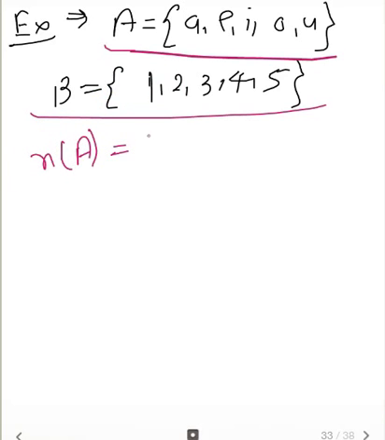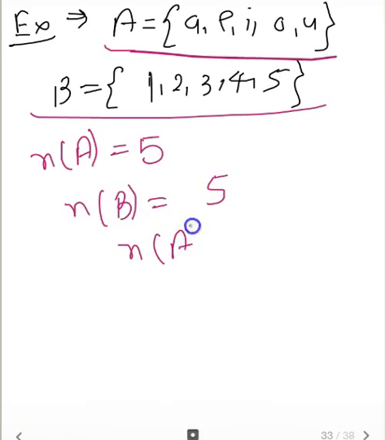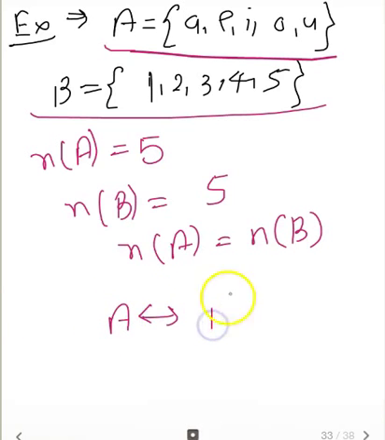How many elements are present in set A? 5, right? And what is the cardinal number of set B? There also we have the same number of elements, correct? It means n(A) and n(B), the number of elements in set A and in set B, are the same. It means A and B are equivalent sets.